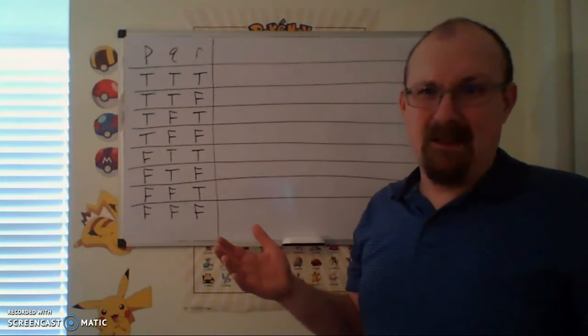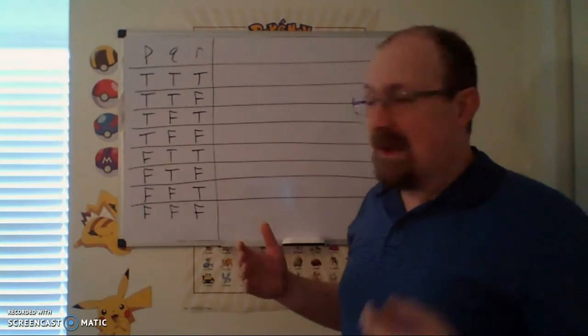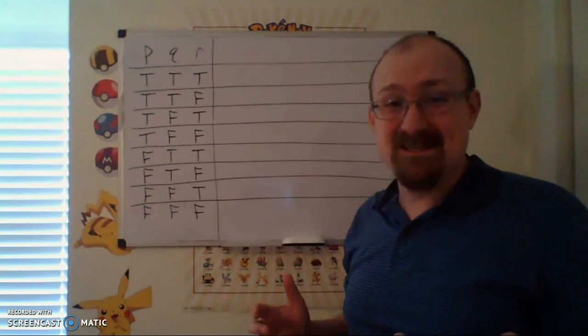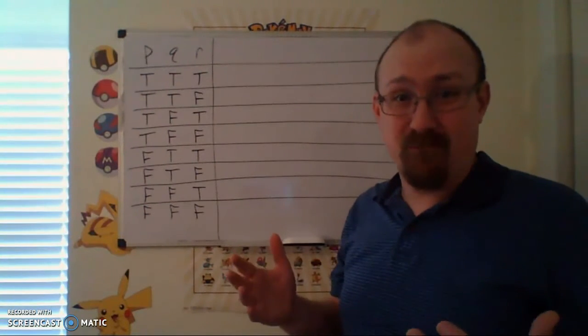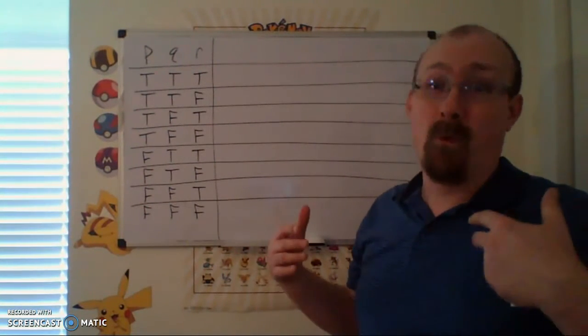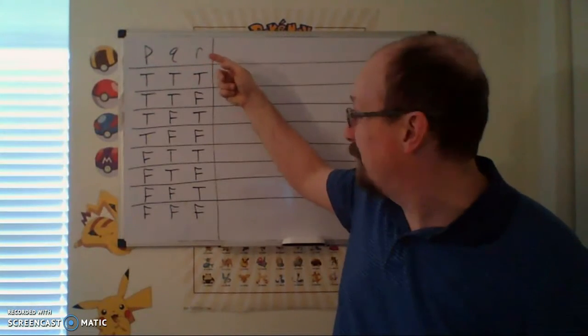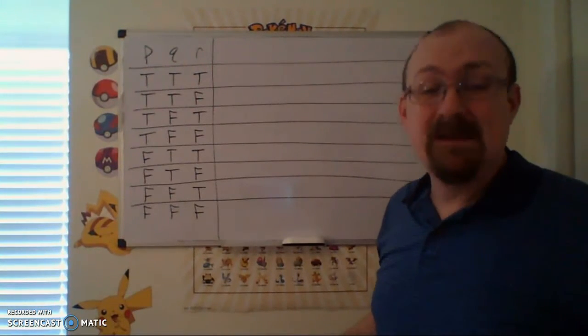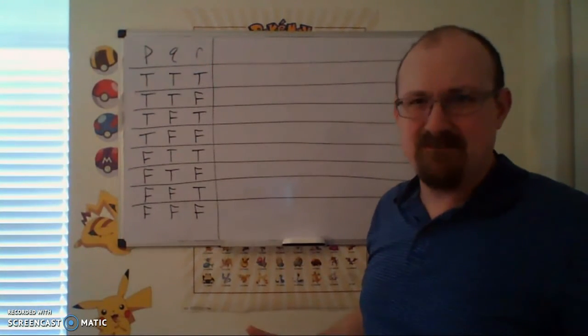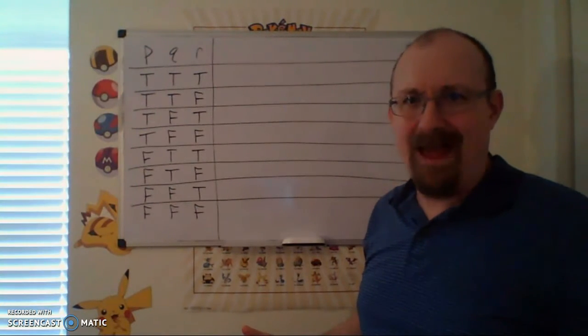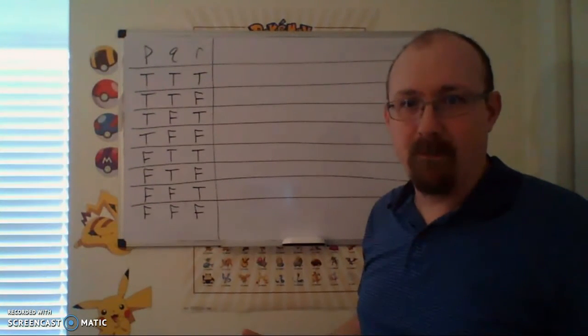I'm sorry, I love you guys, but in order to cover all of our bases in terms of possible permutations of true and false values, we need more rows in the table now. So you'll notice we've gone from 4 rows with 2 simple statements to 8 rows in total with 3 simple statements. In general, each time you add a simple statement, you double the number of rows.